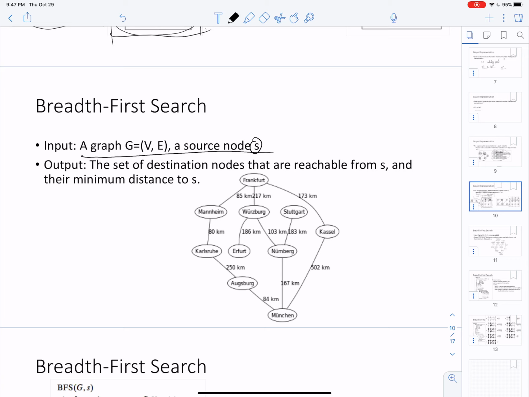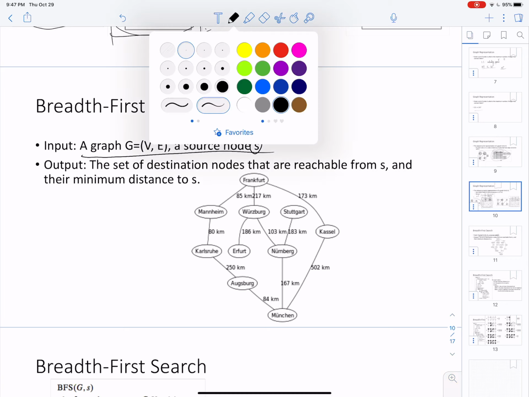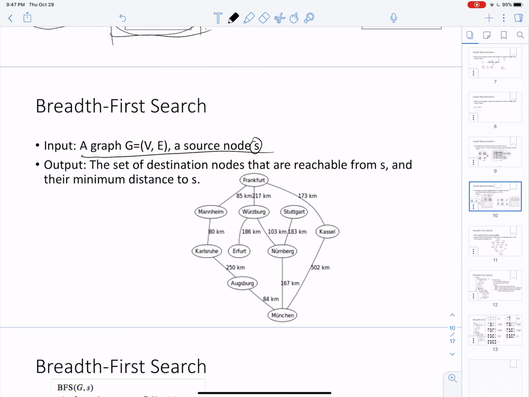For now, let's just ignore the distance. This is the road network in Germany, and we see a lot of cities like Frankfurt, Nuremberg, Munich, Stuttgart, etc. Suppose you work for DHL or FedEx, and you are at Frankfurt.